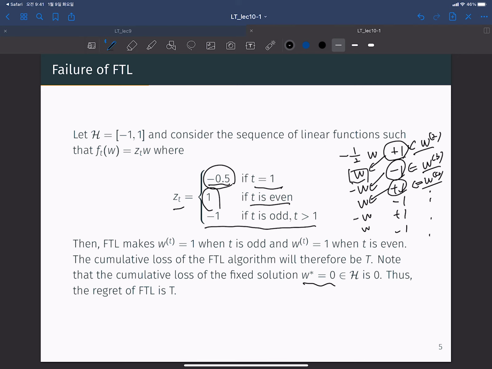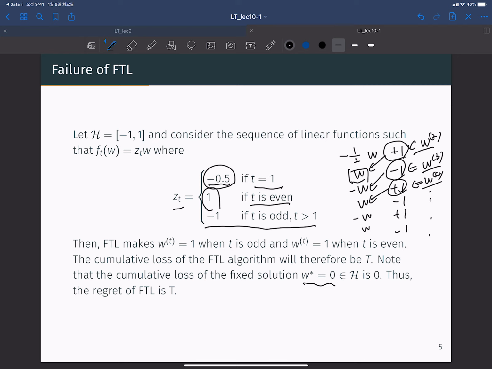So maybe we need something else that is universally good. Okay. So the main goal of this chapter is, let's design a universal algorithm that works well for many classes of loss functions.